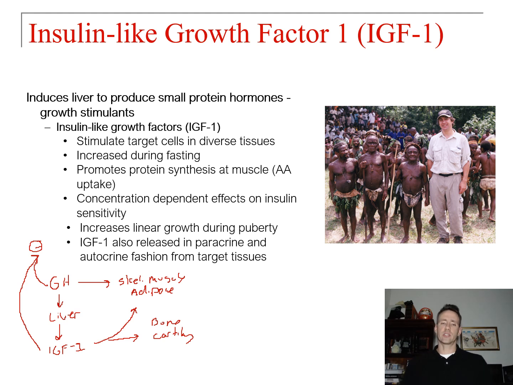It has this interesting concentration-dependent effect on insulin sensitivity, though. So where growth hormone causes an increased secretion of insulin but reduces its sensitivity, IGF can actually inhibit insulin secretion. But at high enough concentrations, it can act like insulin itself and induce insulin-like effects like lipogenesis at the adipose tissue.